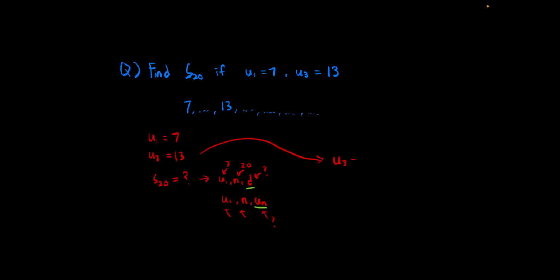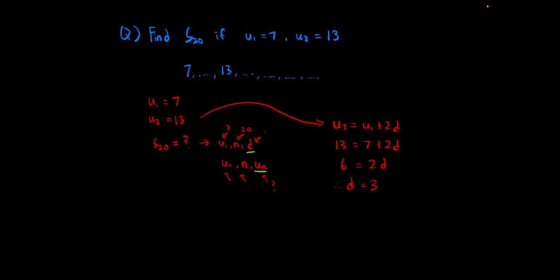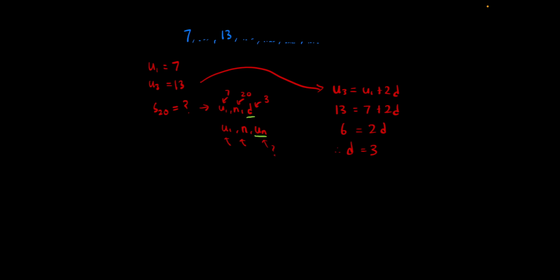So u_3 equals u_1 plus 2d, which means 13 equals 7 plus 2d. So that becomes 6 equals 2d, and therefore d is equal to 3. And boom, we now have d equals 3, and we can proceed with using the first formula to figure out S_20. S_20 is going to equal n over 2 times 2u_1 plus (n minus 1)d, and if you substitute all of the values in, it becomes like this.